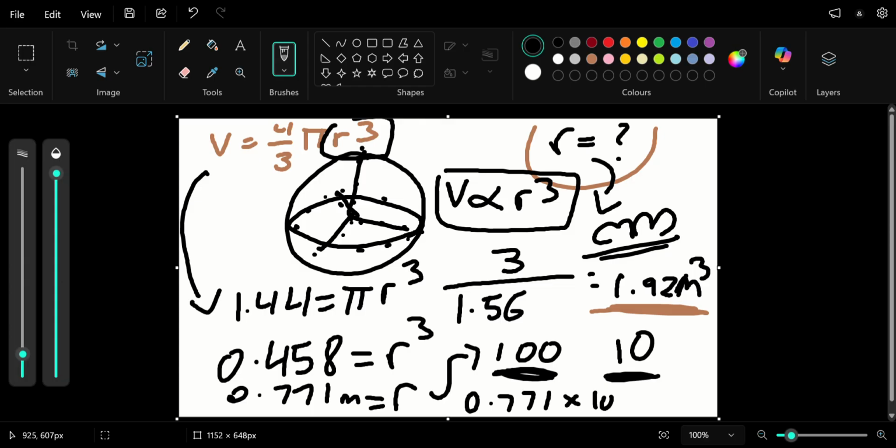So simply 0.771 multiplied by 1,000, the product of these two, we'll just simply get 771 millimeters as our radius. And there you go.